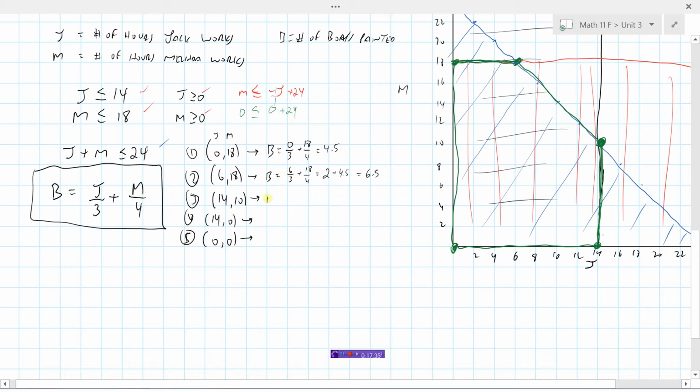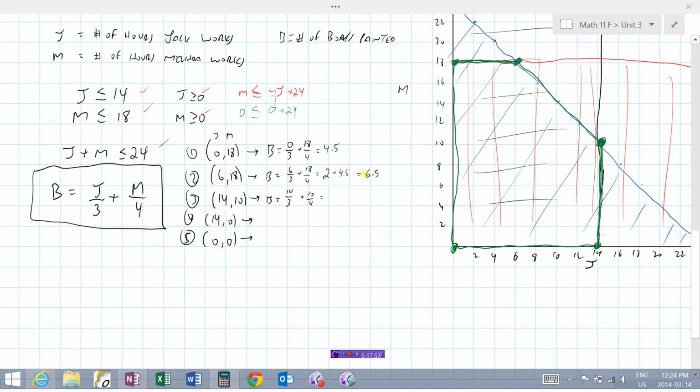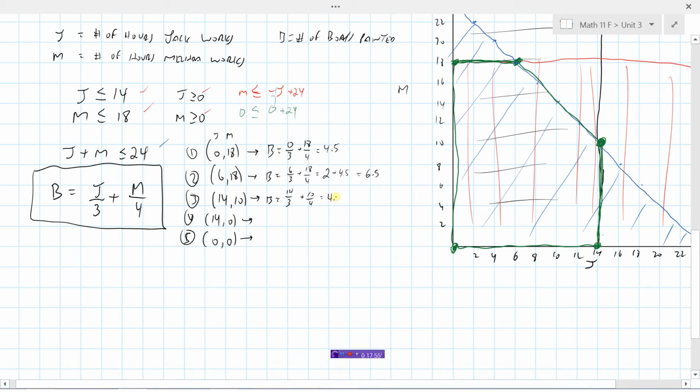Looking at the scenario here, we have 14 hours for Jack, and we have 10 hours for Melinda. So 14 divided by 3 would be 4 and 2/3, 4.666.